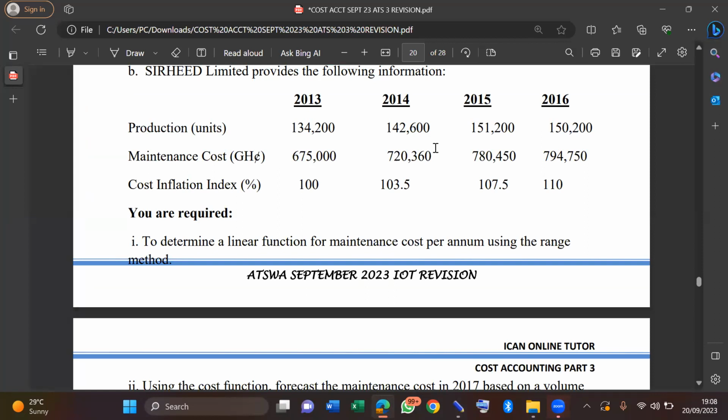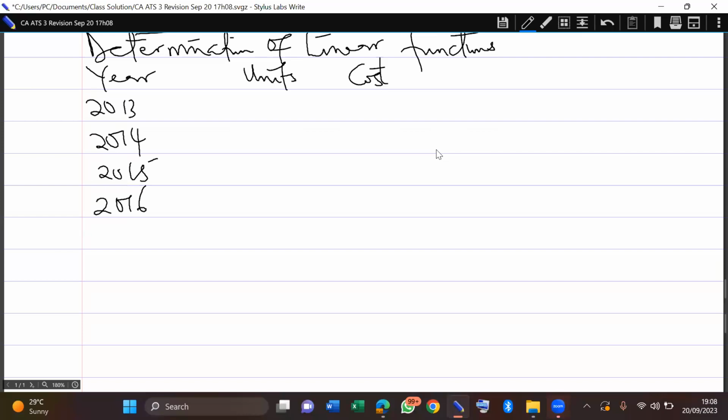Me, I pick 134,200. You pick 142,600. Another person should pick 151,200. Another person should pick 150,200. So I go first, 134,200. What's the next one? 2015 is 151,200.